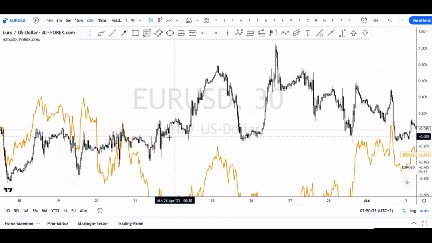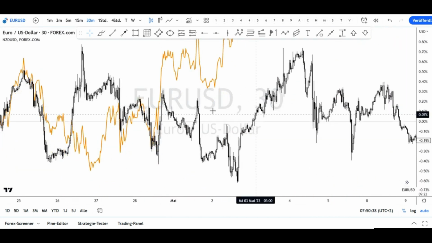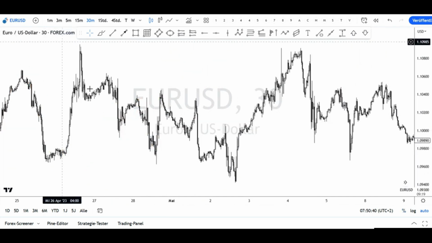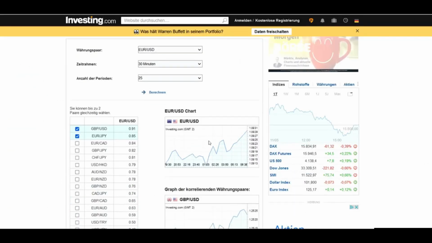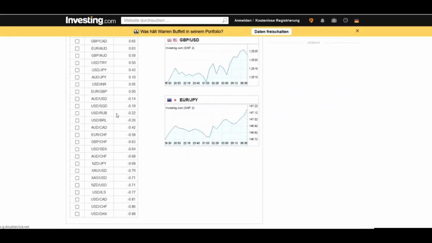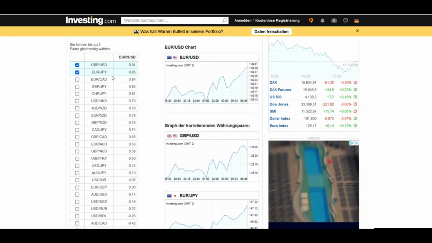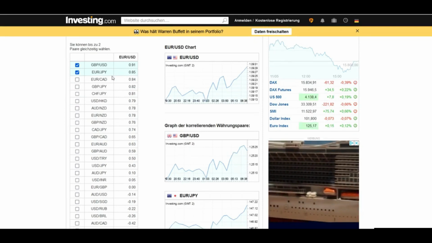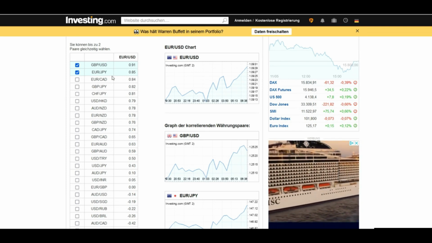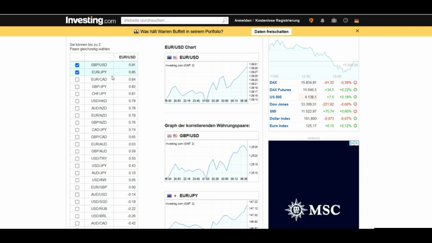As I've already said, that's naturally not always the case, but in principle, when I have a particular currency pair here, it's so correlated that you'd say, okay, this is just a guide. If you might enter another trade, it's a factor you could take into account. This doesn't mean that if the euro dollar rises, what's listed here must immediately rise with it or sharply, but there is a correlation.